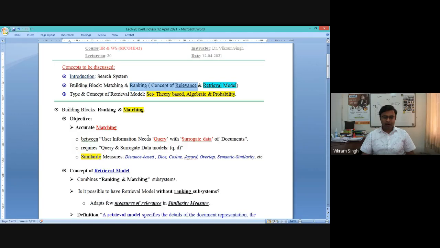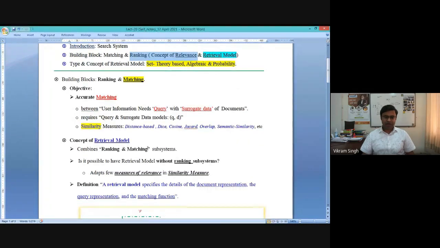So in the modern information systems, naturally, this retrieval model. I'm saying retrieval model, not retrieval process or retrieval system, right? It is entirely different from the retrieval process or retrieval system.